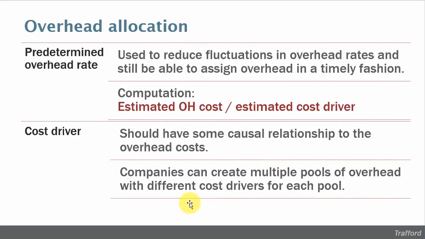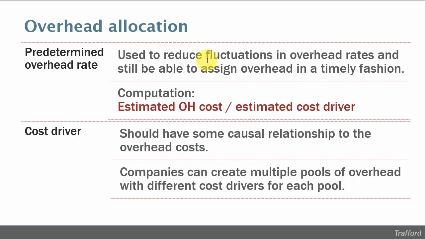Companies use a predetermined overhead rate instead of actual overhead costs because they want to accomplish a couple of things. They want to be able to smooth out fluctuations in overhead costs, so they don't want to necessarily apply January's overhead to products that are produced in January.